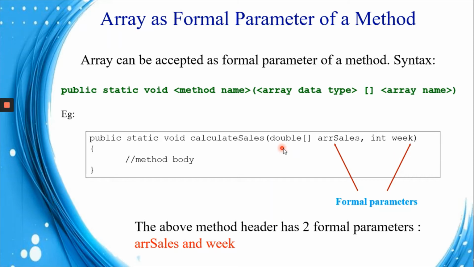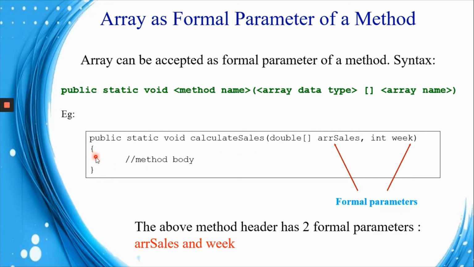Here we have double[] rSales. This shows that we are receiving an array whose data type is double and the array name is rSales. Besides that, we also receive an ordinary variable which is an integer data type, and the variable name is week. So here we are receiving two formal parameters which we place in our method header.